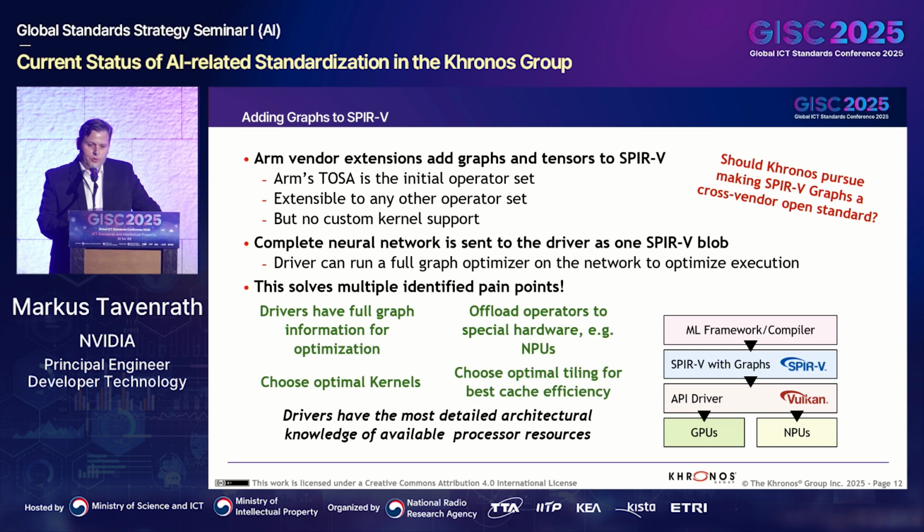The hardware knows things like cache sizes, so it can choose tiling instead of running each operation in the graph one next to each other. And most importantly, since we have high-level information about operators to execute, with this extension, we can support NPUs within Vulkan. As long as the NPU supports the operator set, you can make a driver for your NPU running Vulkan to support those graphs.